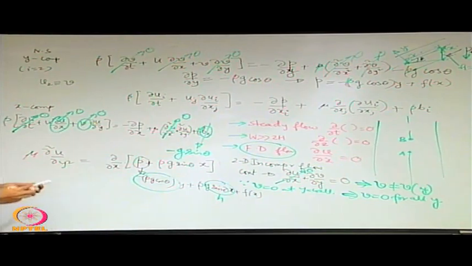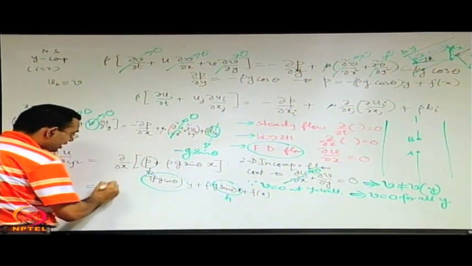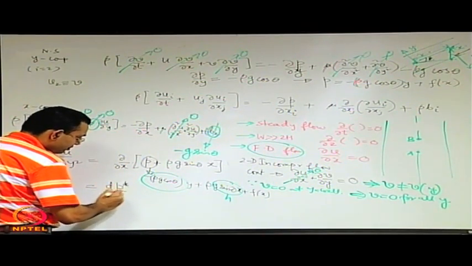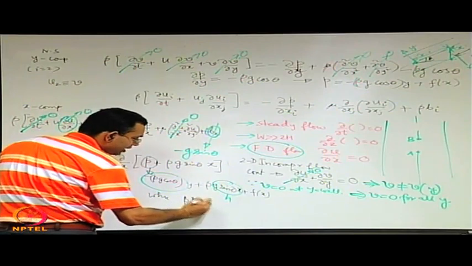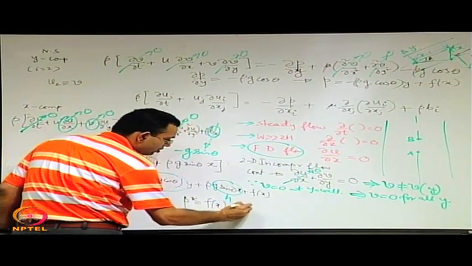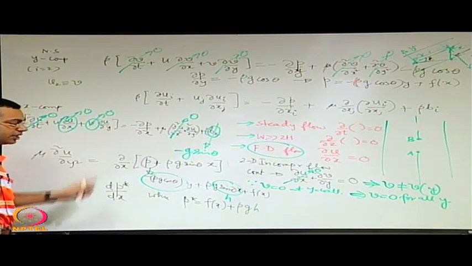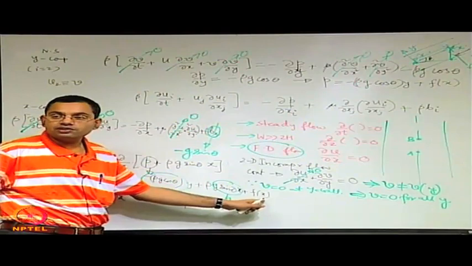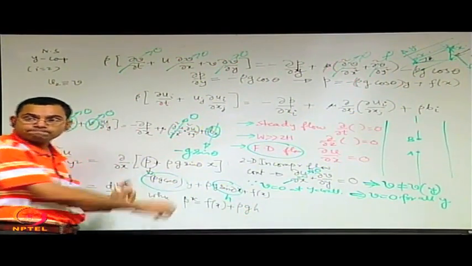And the important thing is, since this is varying with x, we can just write this as dp star dx, where p star is fx plus rho g h, right. And why d/dx and not partial derivative? The reason is clear, these are only functions of x and this becomes 0 when partially differentiated with respect to x.